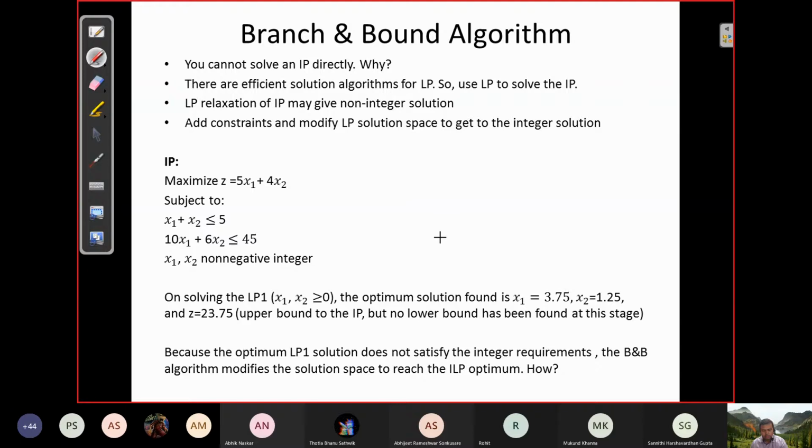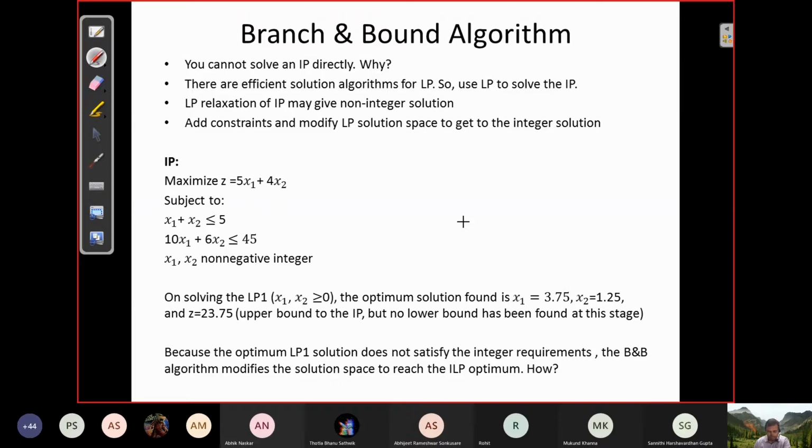Why is it giving the upper bound? This is a maximization problem, and it is giving the upper bound to the IP. Which means the actual optimal solution of the integer program cannot be greater than this. That is the meaning of upper bound, right?